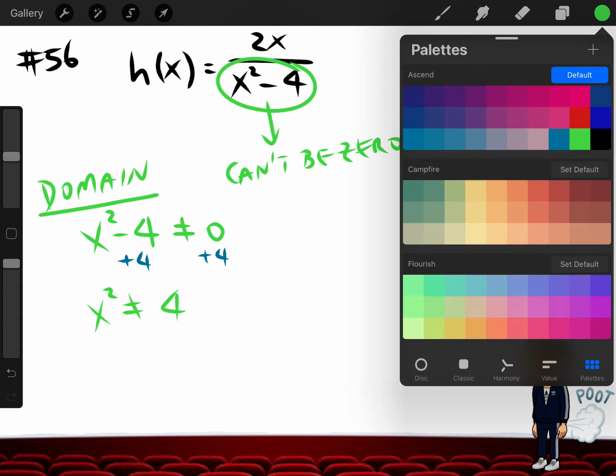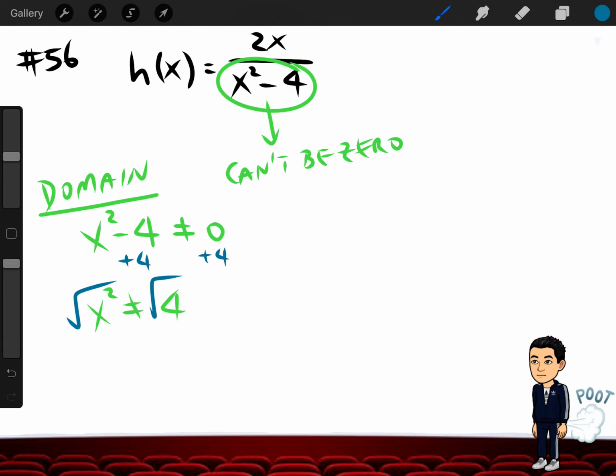If you square root both sides, x cannot equal positive or negative 2, which means you're going to get asymptotes passing through x equals positive 2 and negative 2. So your domain is all real numbers, but x cannot equal positive or negative 2. That's for the domain.